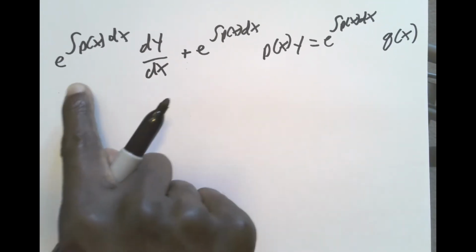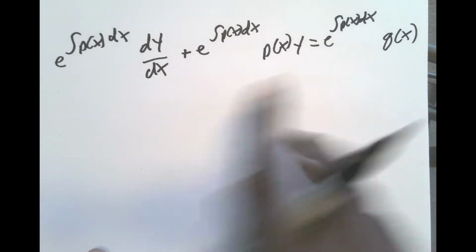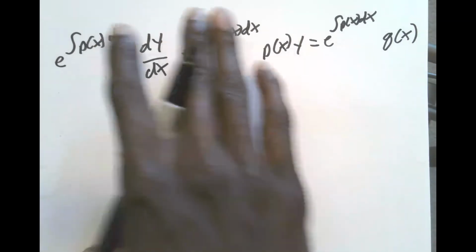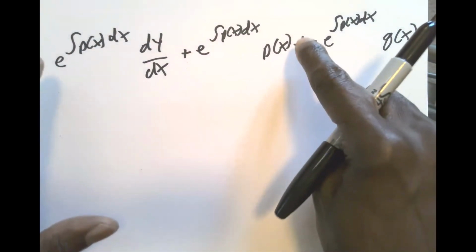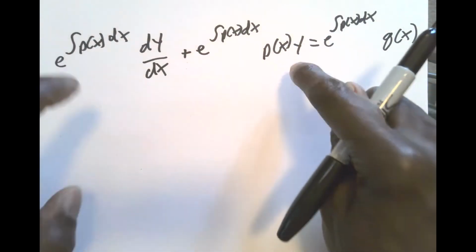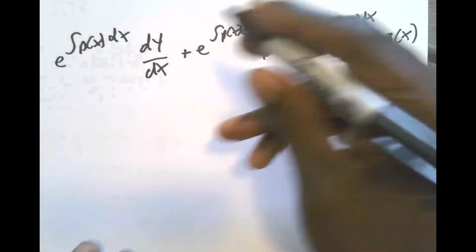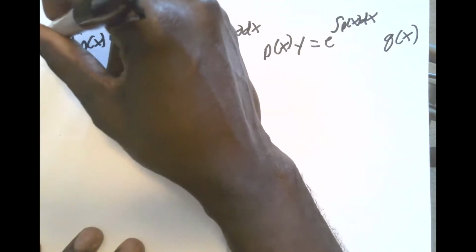So once I've multiplied by this integrating factor, so that's what you see here. So this was the expression multiplied by the integrating factor. Again, remember this is simply the derivative of y times the integrating factor. So after that point, I can integrate both sides.